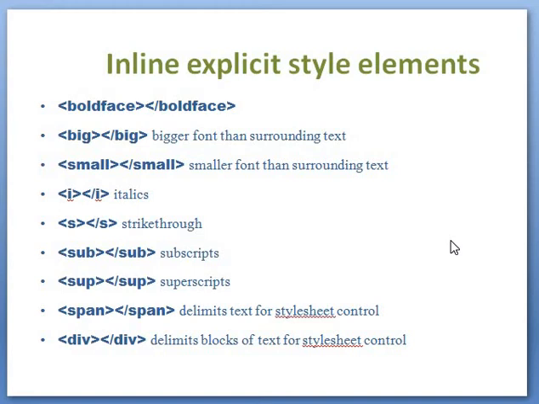S is used for creating strike-throughs. Sub is used for creating subscripts. Sup tag is used for creating superscripts. Span, which delimits text for style sheet control. Div, which delimits blocks of text for style sheet control. The last two tags, span and div, are used with style sheet applications.